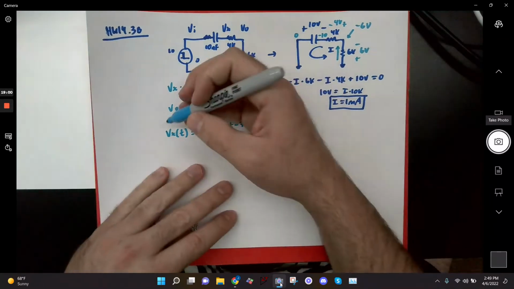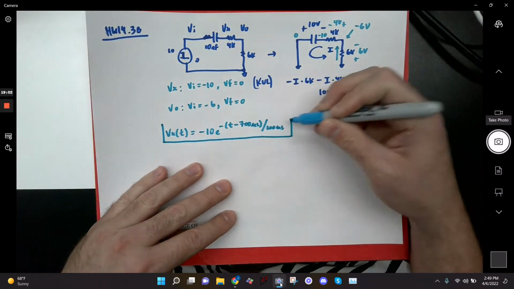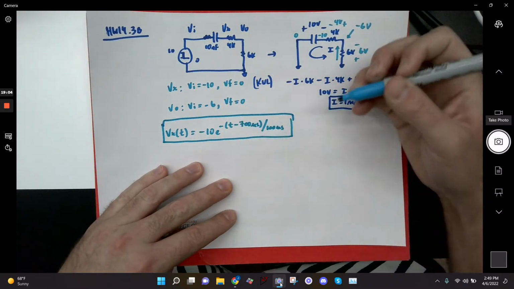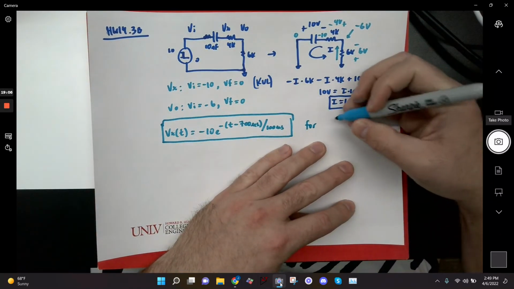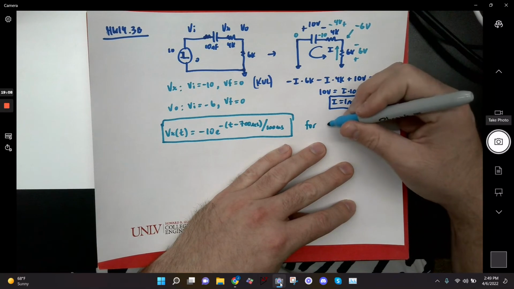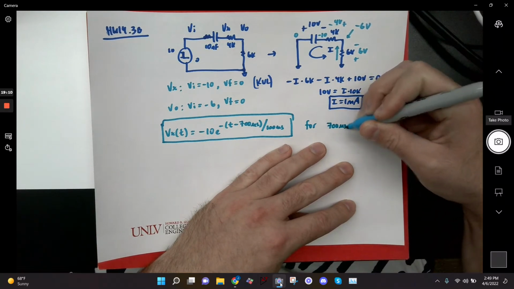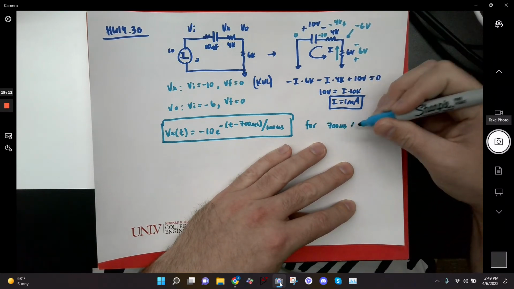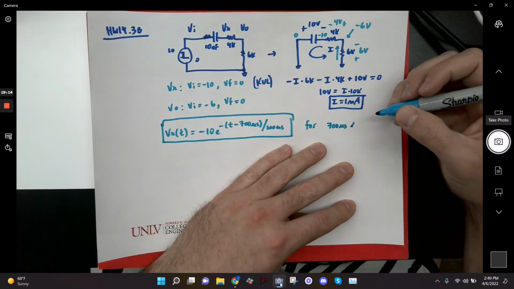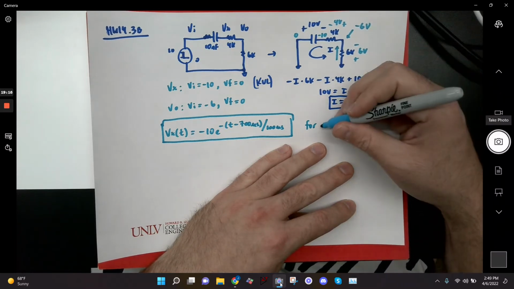Okay, so that's my Vx of t for that last segment. Wait, hold on. It's basically for t greater than 700 microseconds.